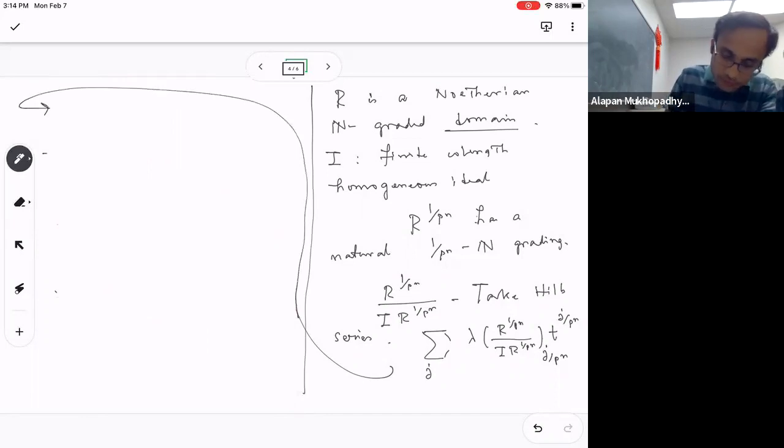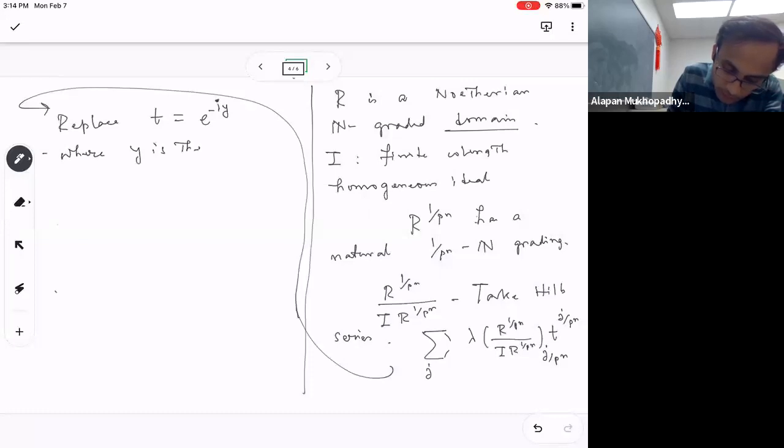Replace t by e^{-iy}, where y is the variable.